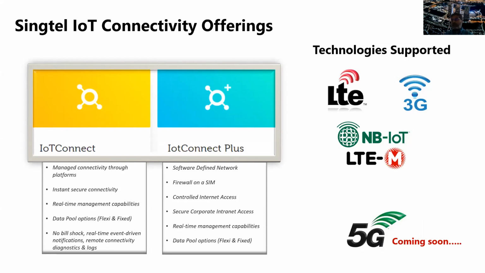From a technologies perspective, we support 4G, which is LTE. 3G is still around. If some of you have questions about 3G as a technology, it's expected to sunset probably sometime in 2023, 2024. It's something which is on the cards. Many of the operators around the globe are also starting to look at shutting down 3G.